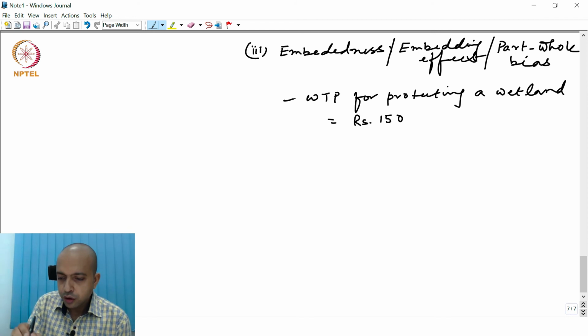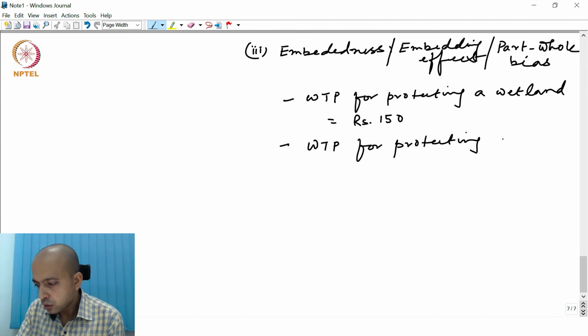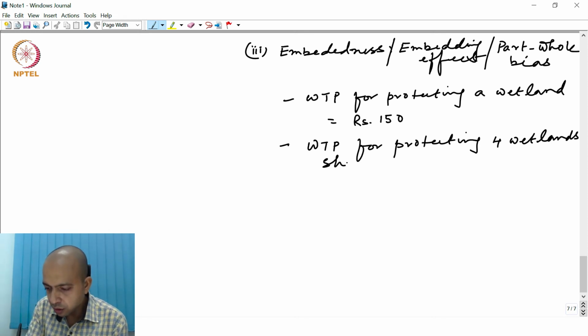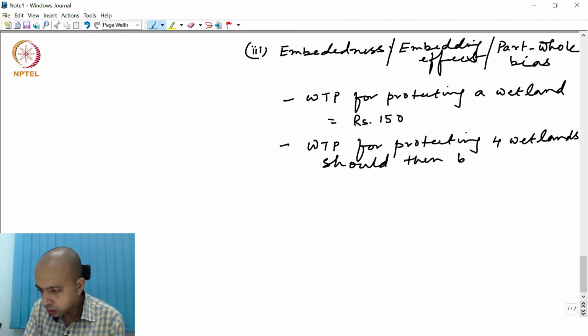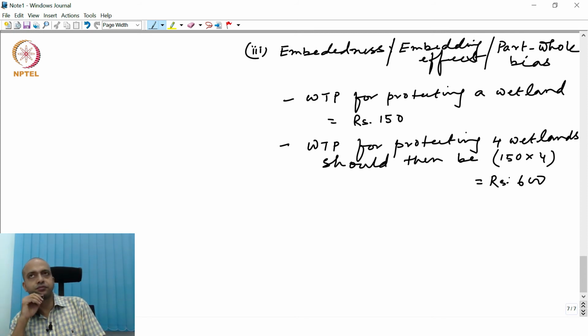Now willingness to pay for protecting four wetlands should then be 150 into 4 equals rupees 600, isn't it?